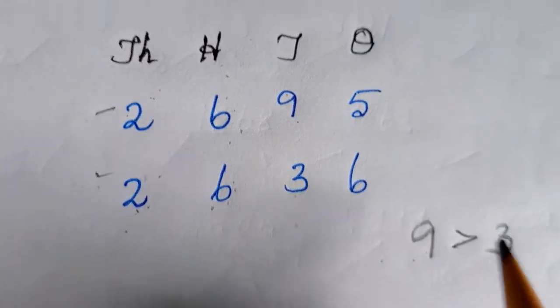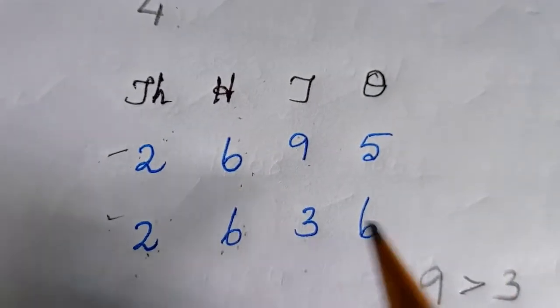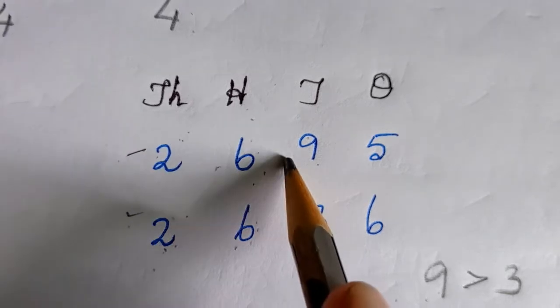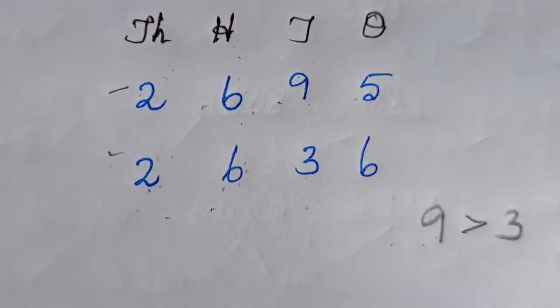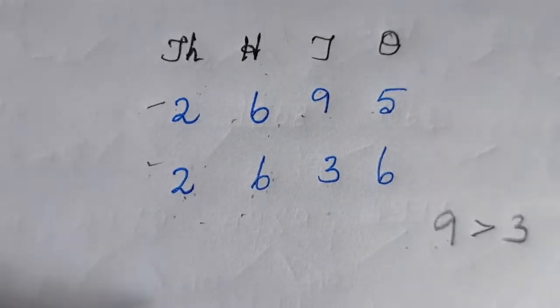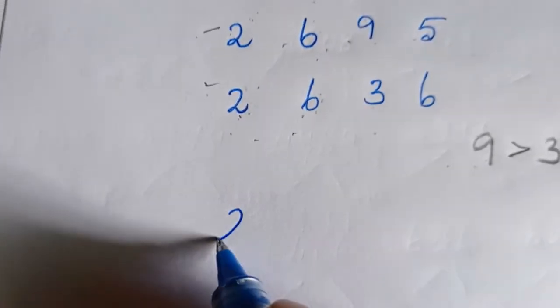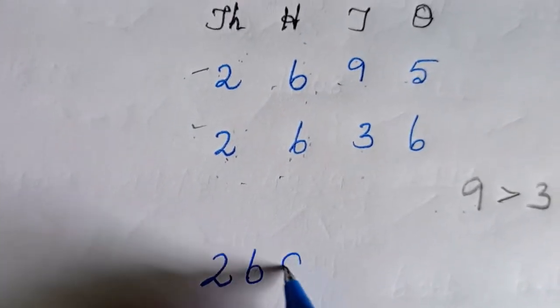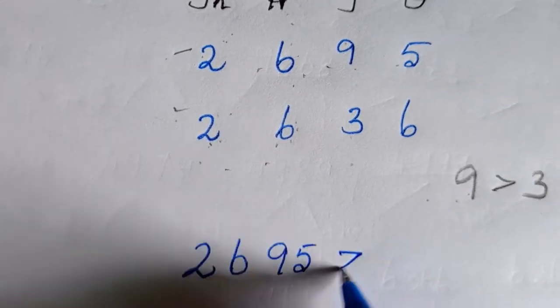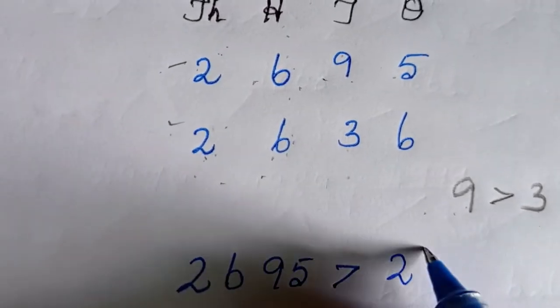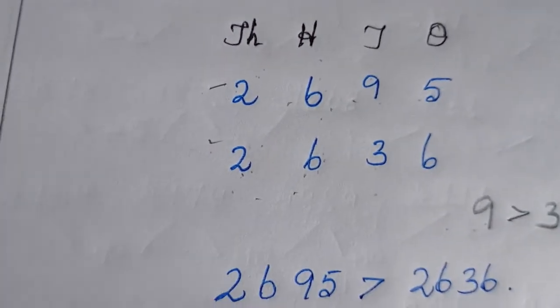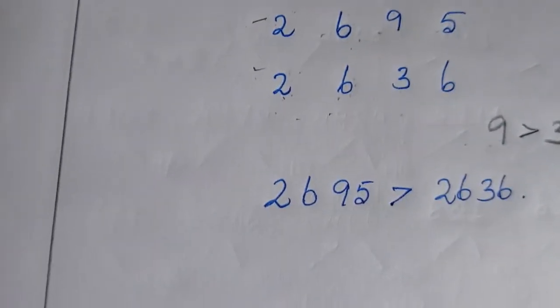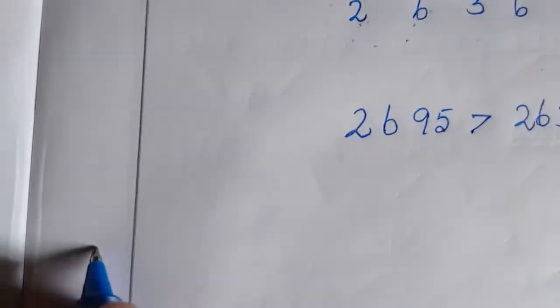So we conclude that 2695 is greater than 2636. Okay children, now let's do the next problem.